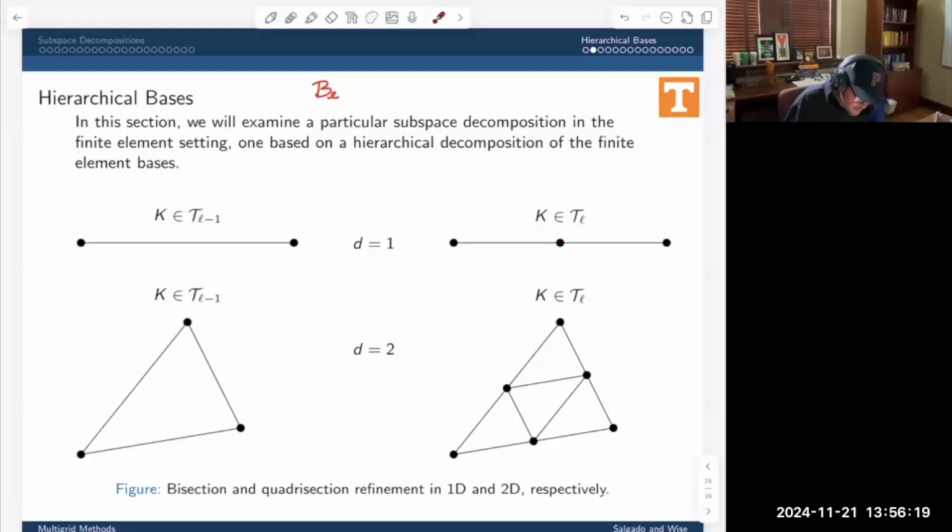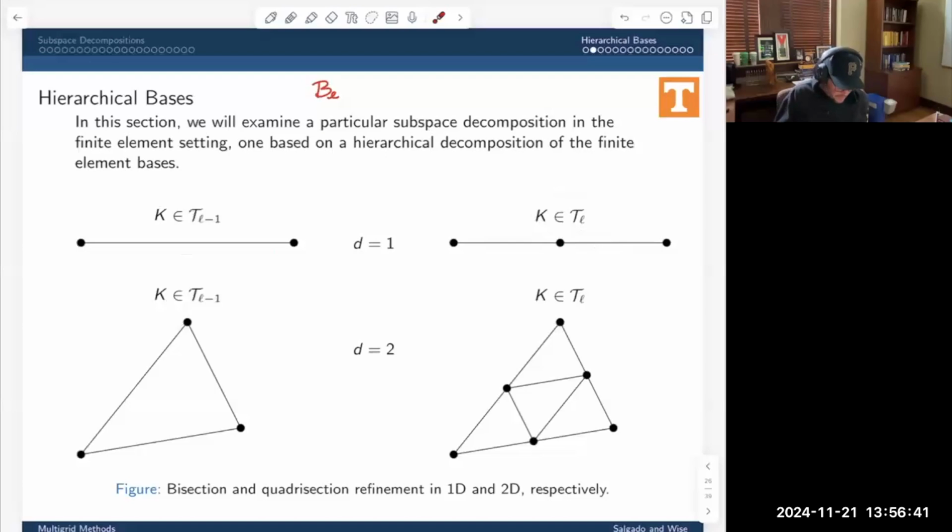So now we get 2 new triangles in the end. So this is 1 element, and this is its neighbor element, or brother or sister element. So 1 parent element gives rise to child elements, or daughter elements.